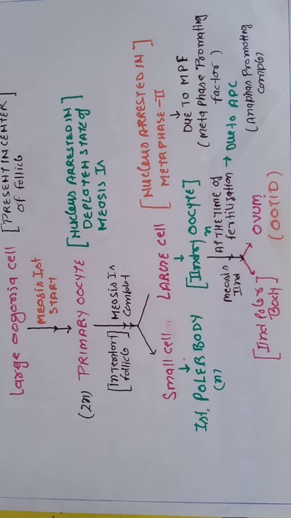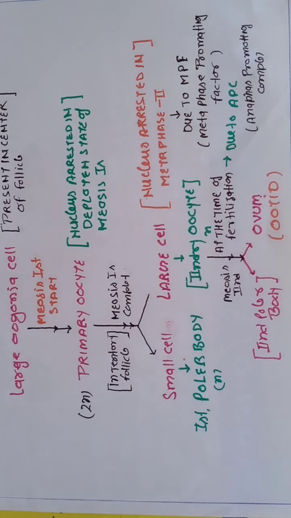Very interesting point, ootid. This point is important because here we use the word ootid. On the basis of the factor, you may say that as the sperm touches the ovum, MPF turns off and APC starts. It means the anaphase promoting complex starts. Because MPF, the metaphase promoting factor, stops its work and APC starts its work, anaphase and telophase occur, and after that it is finished.